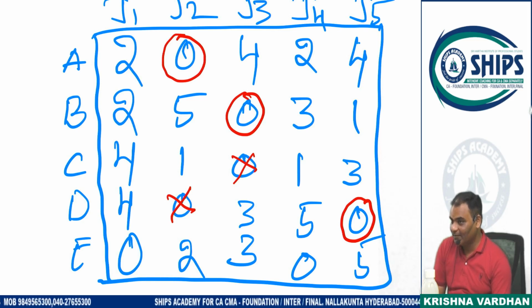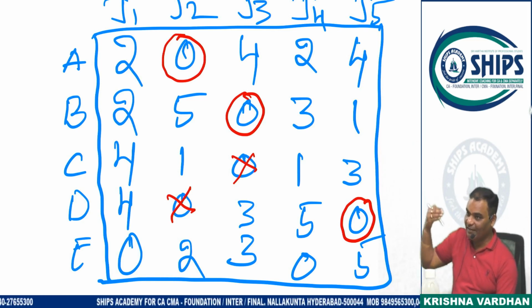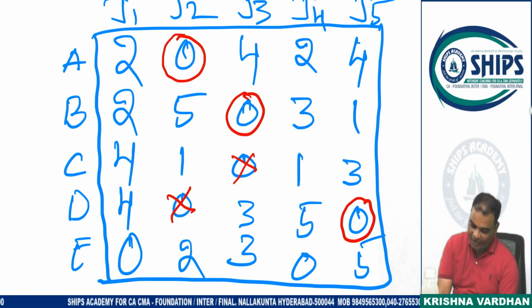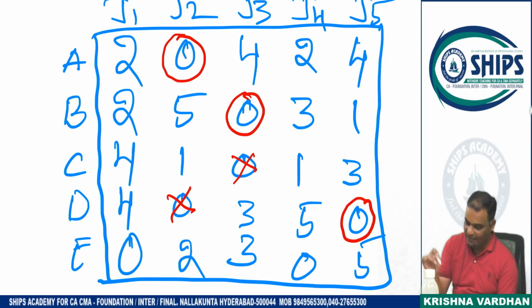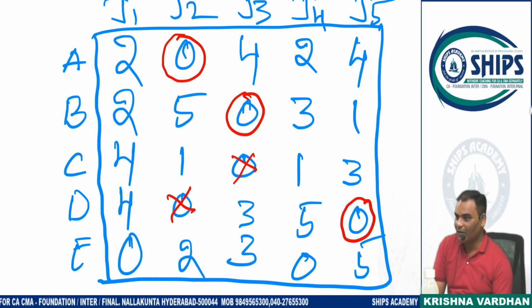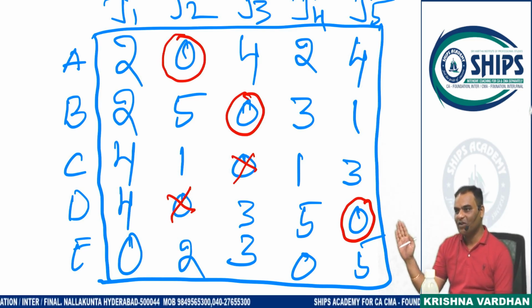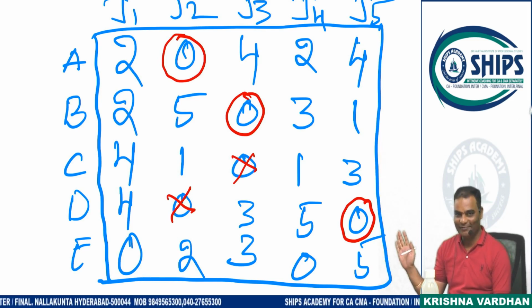Why? Two zeros. So what should I do? Again I should come from the beginning. A already done. B already done. C not possible. D already done. E not possible. Skip. It means that all the row strategies are done.